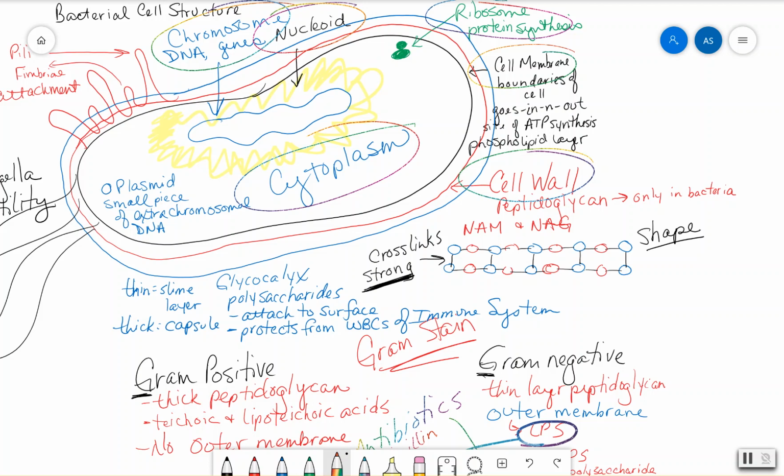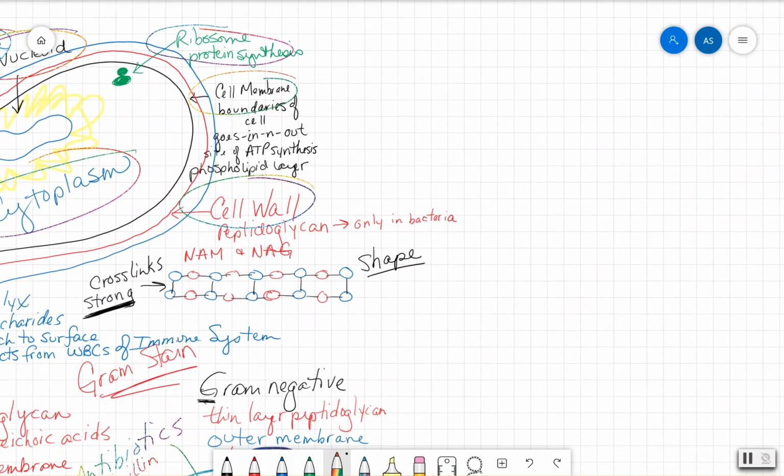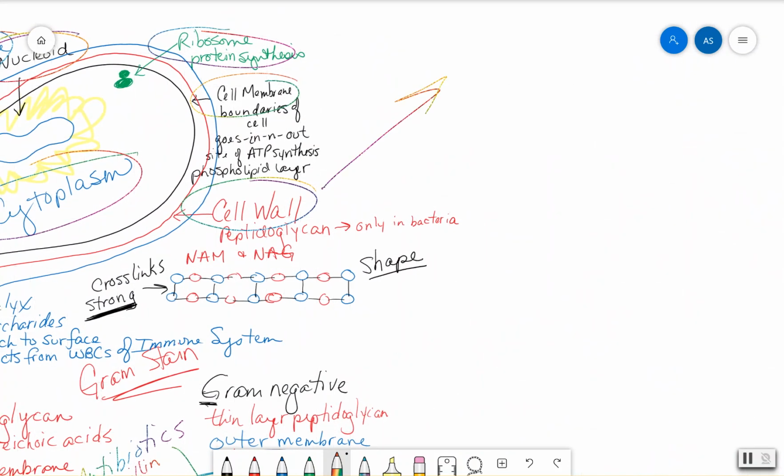Now, as far as the cell wall thing goes, though, there is one genus that's a notable exception. And because there's only one genus, that's why the microbiologists kind of say all bacteria have a cell wall. And that genus is called Mycoplasma.